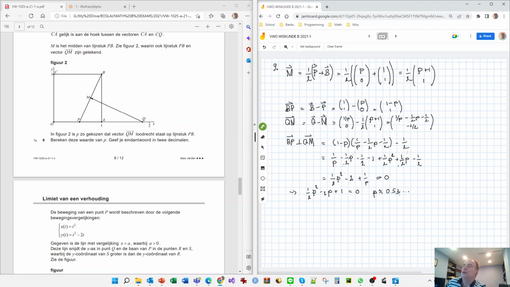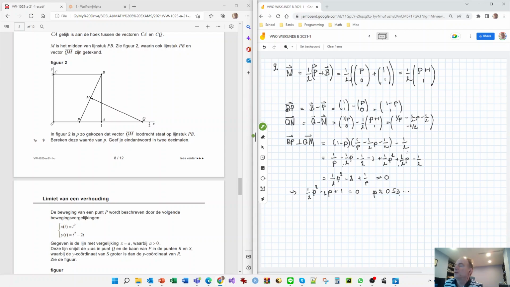And now what we have to do is find the vector BP, which is the vector pointing in the B direction, and the vector QM, and demand that they are perpendicular.